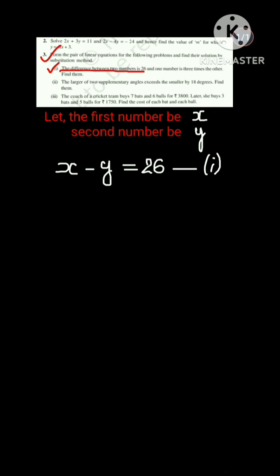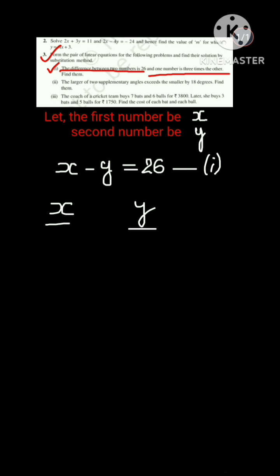Again, according to second conditions, okay, here is written, one number is 3 times the other. Okay, it means firstly we have assumed here our first number is x and second number we have assumed y, and according to these conditions x is already 3 times greater than y.